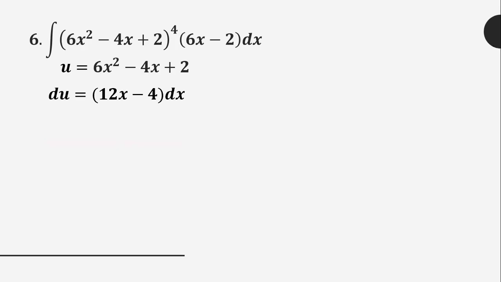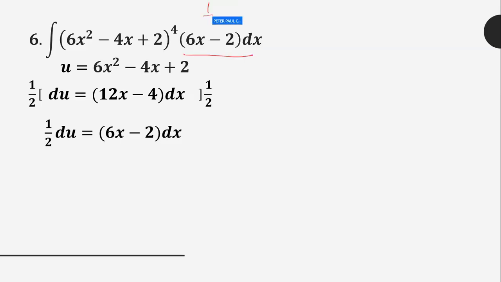Observe, are they related? So what should be the integrating factor so that we can obtain 6x minus 2 dx? Correct. We will multiply 1/2 on both sides. So your integrating factor will be 1/2 du is equal to this expression.